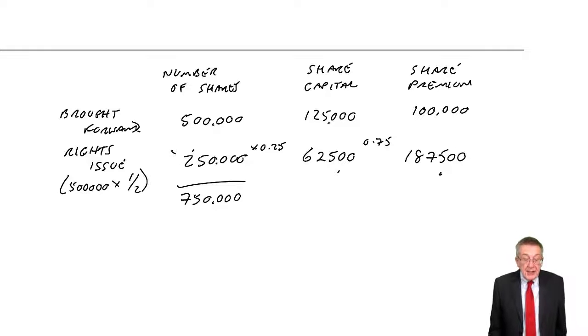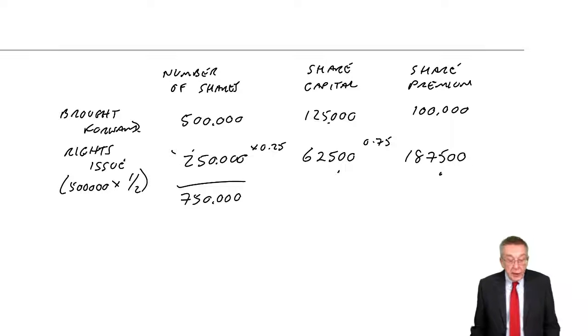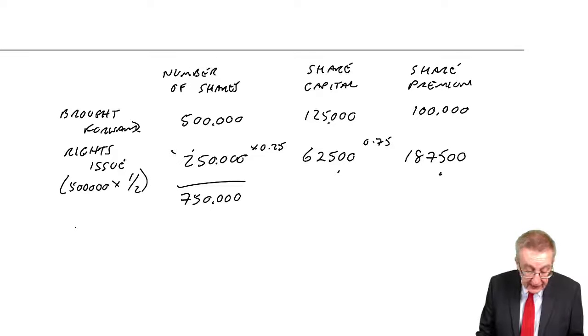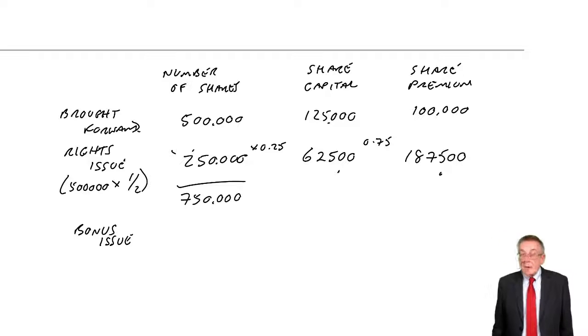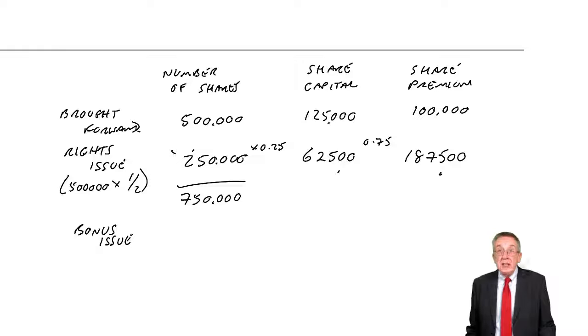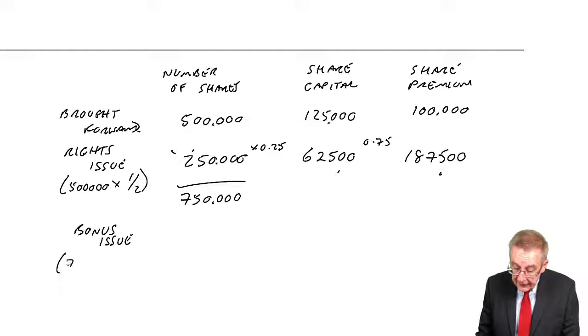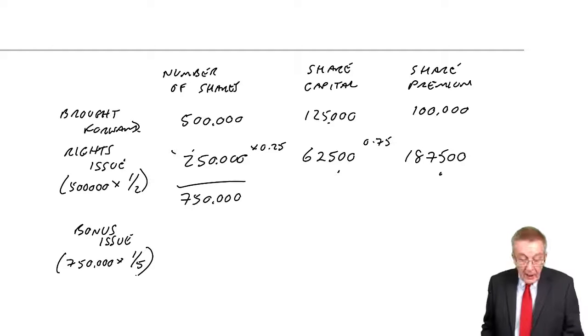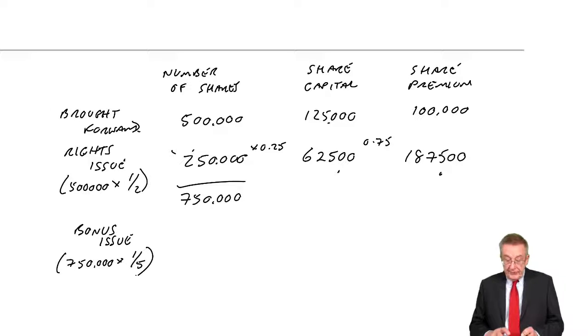It says later in the year, the company made a bonus issue of 1 share for every 5 held. A bonus issue is based on the proportion of how many shares they currently hold. And they now own 750,000 in total. So 1 for 5 means we're issuing 750,000 divided by 5.